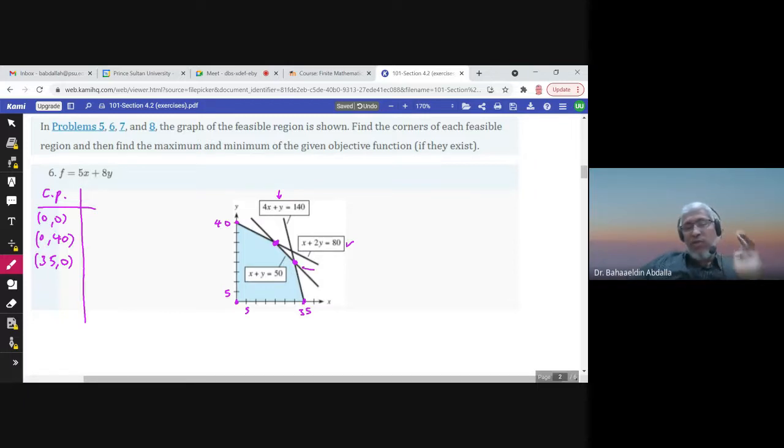To find this one, this is the intersection point between the line 4x plus y equals 140 and this line, x plus y equals 50.